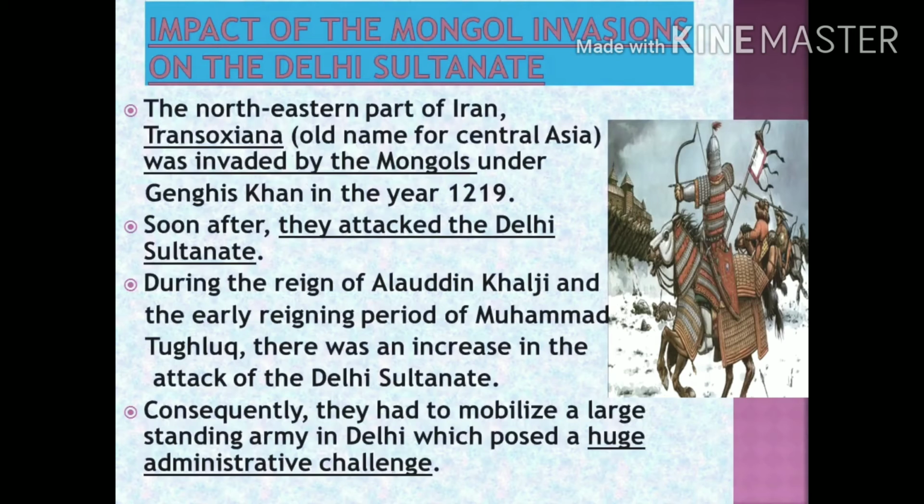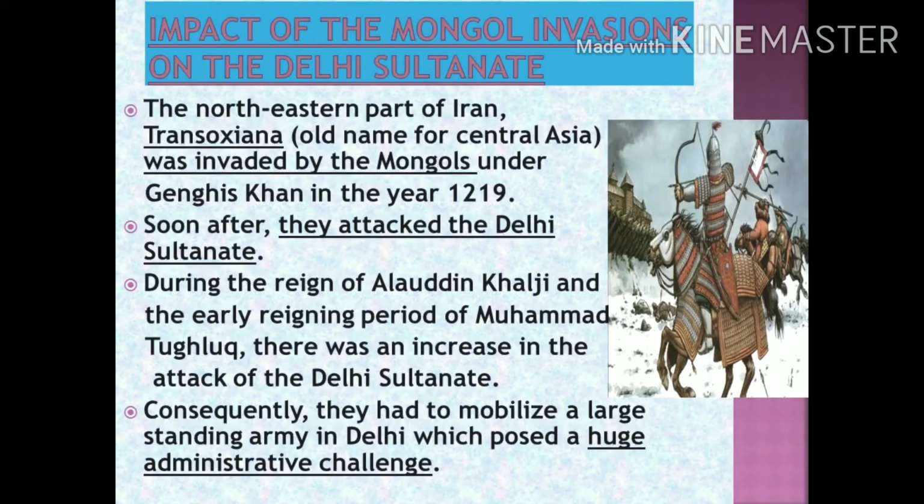And by 1219, Mongols under Genghis Khan, they invaded parts of Iran and parts of Transylvania. और उसके just बाद they started attacking the Delhi Sultanate. Mongols belonged to Mongolia, और उन्होंने Delhi Sultanate के ऊपर बहुत attacks किए.